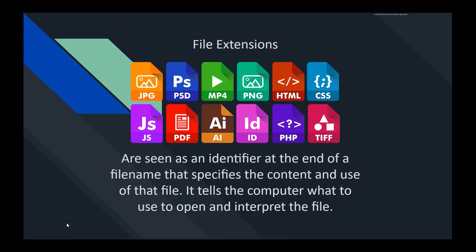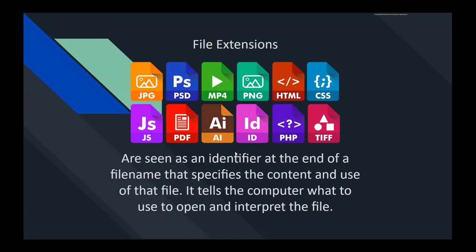We've talked a fair amount about file extensions, and I've shown you how to display them on your desktop computer. JPEGs, for example, are images, PSDs are Photoshop files, MP4 is a movie, PNGs are images, HTML is an extension for your HTML page. CSS, same thing, CSS style sheet, JS for JavaScript, PDF is for a PDF.